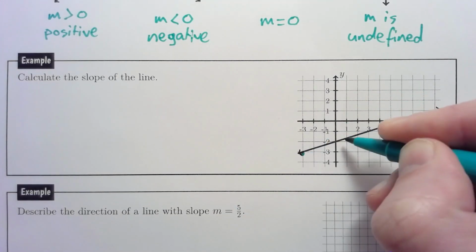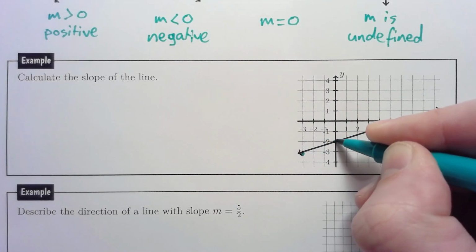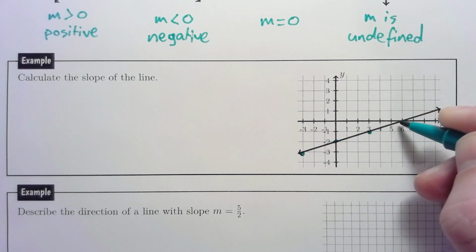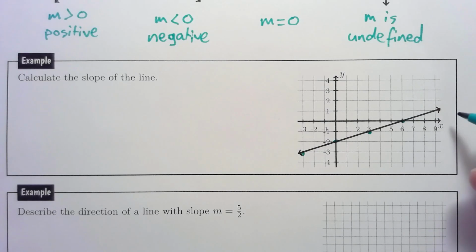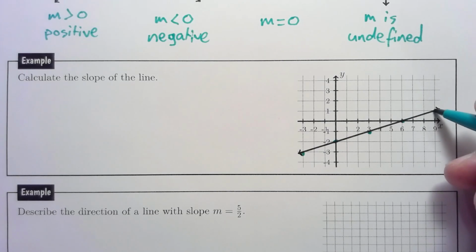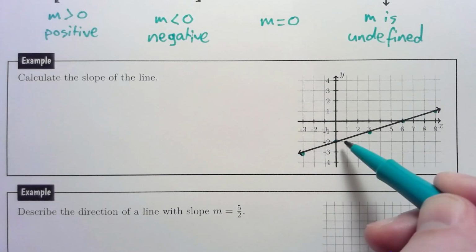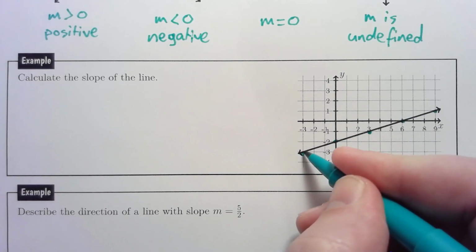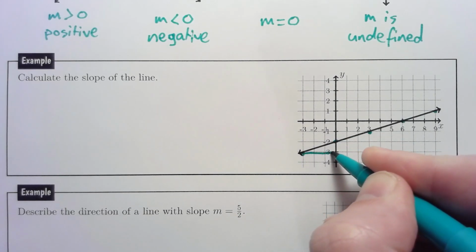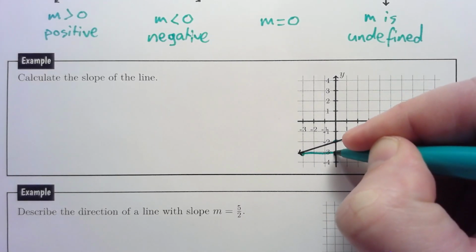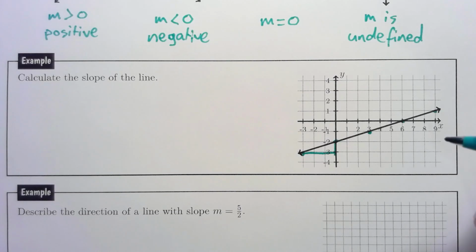So we have a point here, and there's one here, and there's one here, and there's one here, and there's one here. So we can see that to go from this point here to this point here, we have a horizontal change that's 3 units across, and then a vertical change that's 1 unit up.